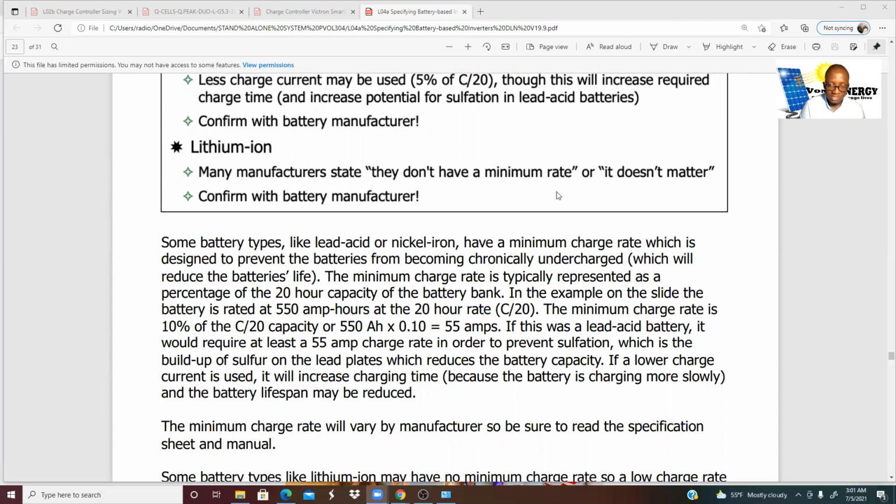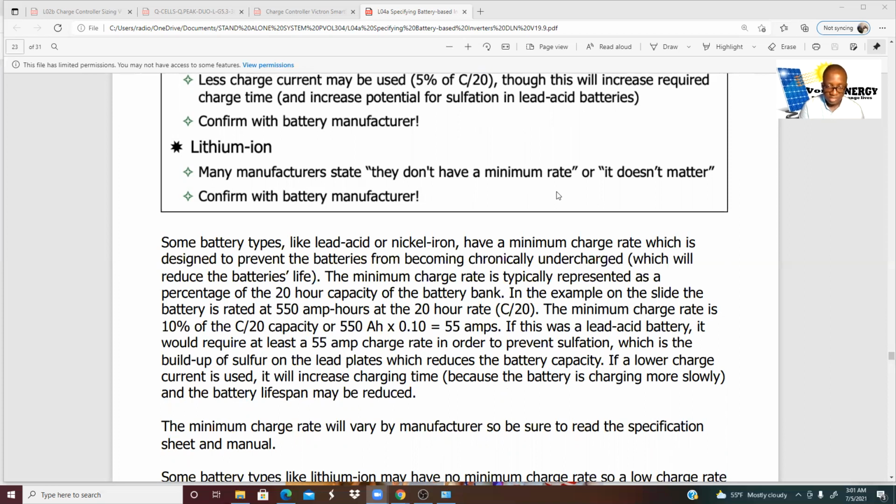In the example on the slide, the battery is rated at 550 amp hours at the 20 hour rate. The minimum charging rate is 10% of the C20 capacity: 550 amps times 0.10 equals 55 amps.